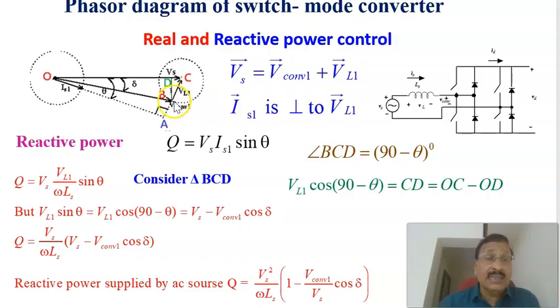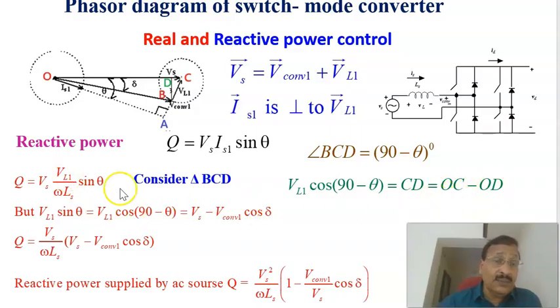Here we can say that VL1, if you take CD, cos 90 minus theta equals CD divided by VL1, or CD equals VL1 cos 90 minus theta.